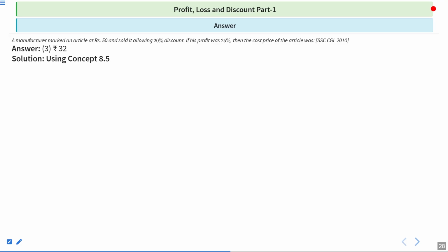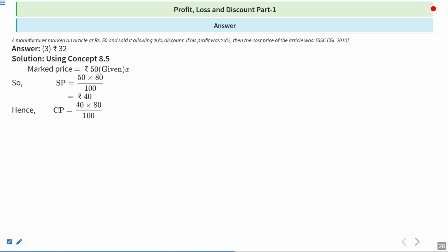Using concept 8.5 in this question, the mark price equals 50 rupees, given. So the selling price will become 50 into 80 upon 100, because we gave the 20% discount. When we simplify it, we get the selling price, which is 40 rupees.